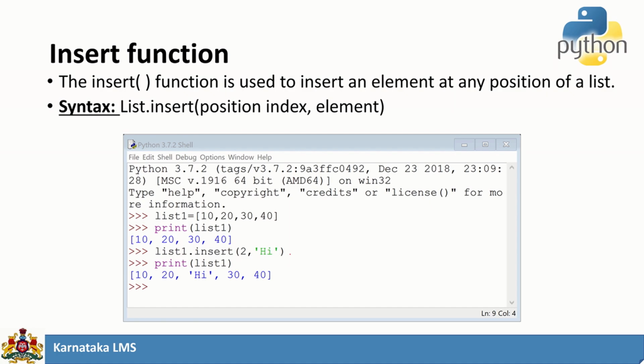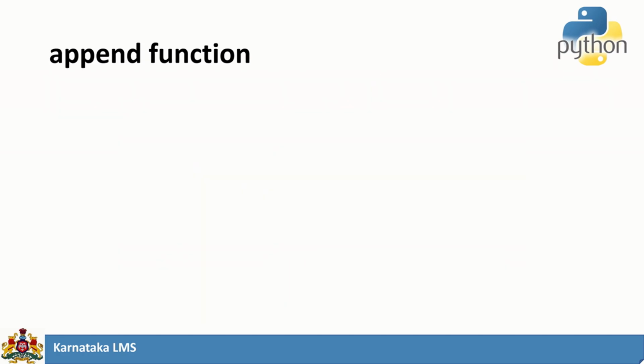When I say list 1 dot insert of 2 comma high, this is 0, this is 1 and this is 2. So after 20 and before 30, I want to insert high. When I print it, I'll be getting 10, 20, high and 30, 40. So the insert function can be used to insert an element at any given position.